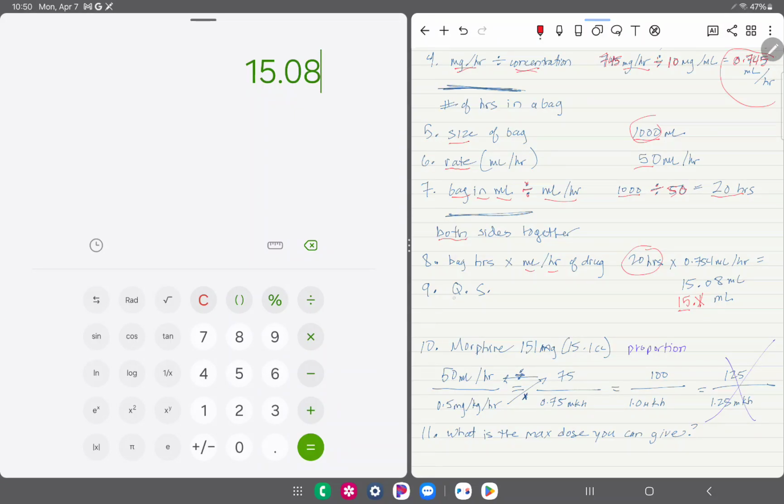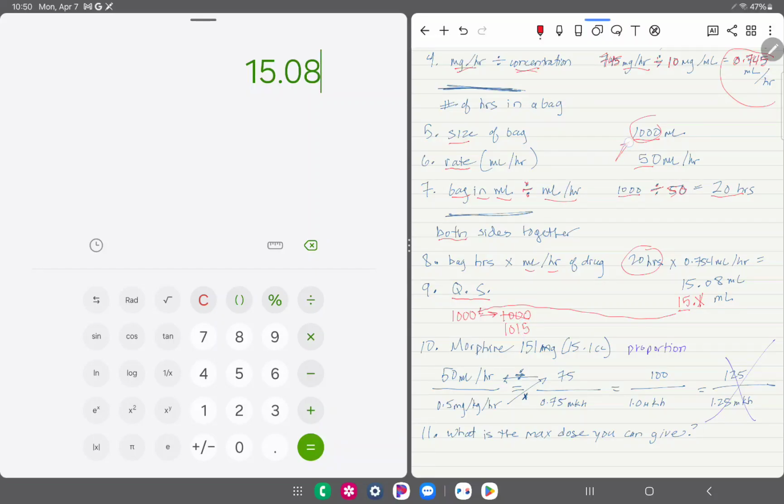Okay, next part of the equation is quantity sufficient. So quantity sufficient means if you're going to add to the bag, you first have to subtract from the bag. If you start with 1,000 mils, you have to end with 1,000 mils. So if I'm adding 15 mils into a 1,000 mil bag, I don't have 1,000 anymore. I have 1,015.